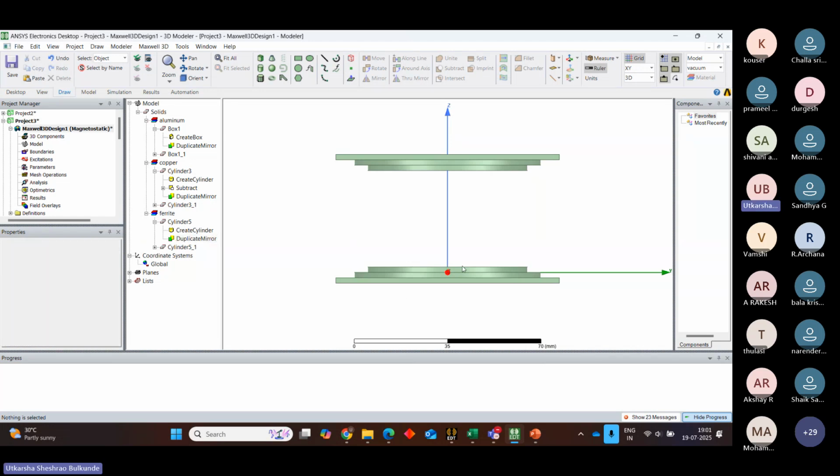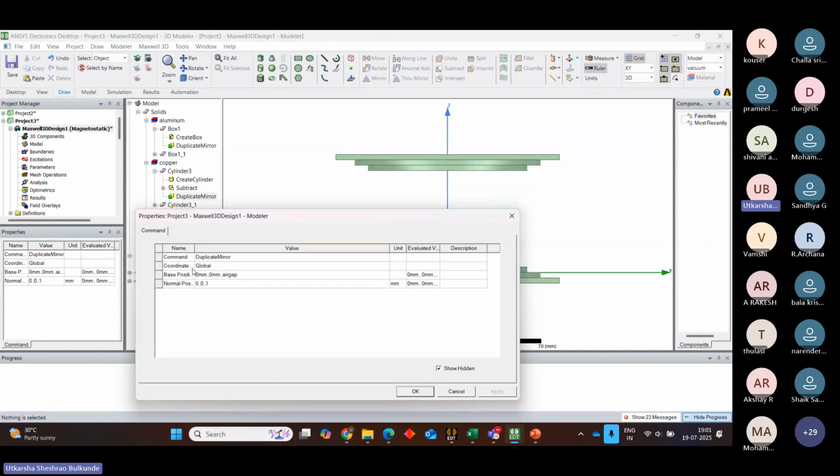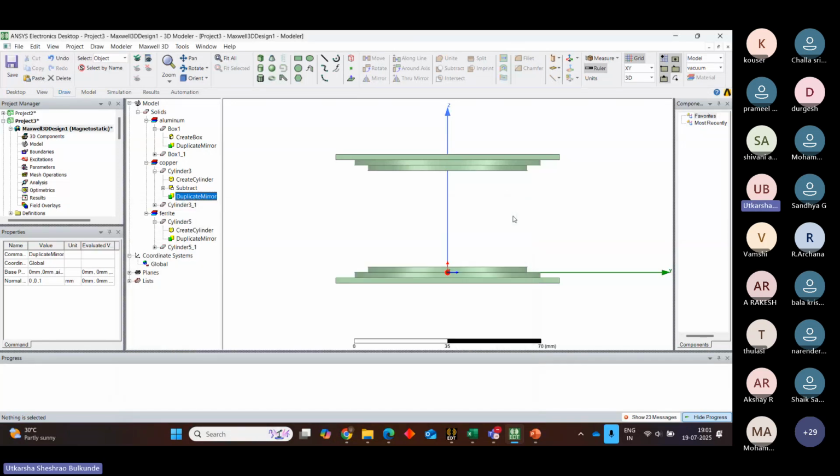Fine. So we have parameterized this distance so that we can see our coupling coefficient at different air gaps. So from here you can change. You might need to see the coupling coefficient when your receiver coil is displaced not just in the Z direction, but in X and Y also.